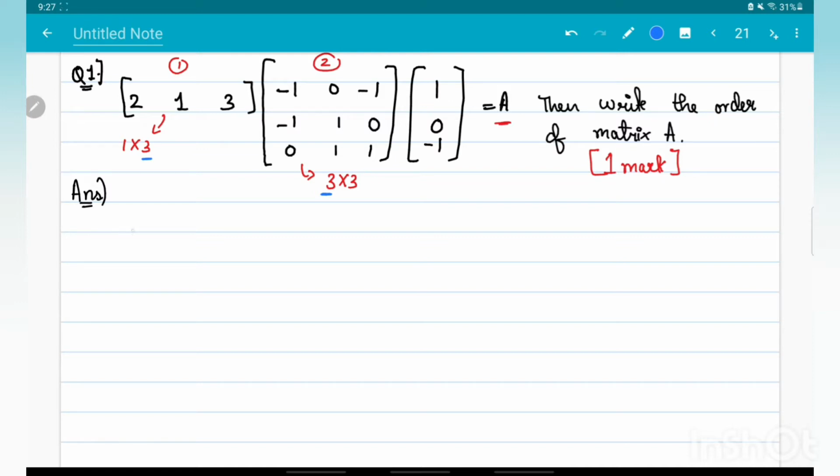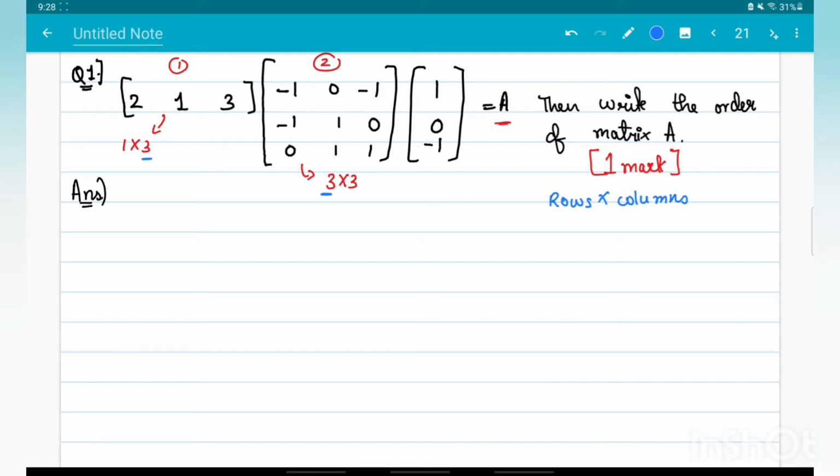So now let us multiply. When we multiply, we multiply in the form of rows into columns. That is, we take the rows of the first matrix and multiply them with all the columns present in the second matrix.